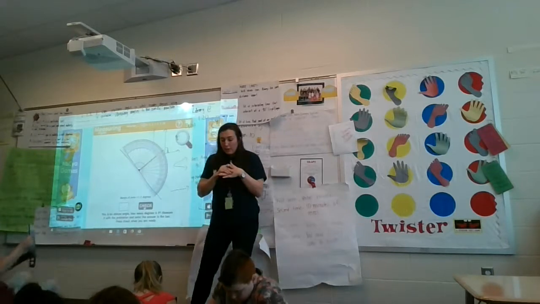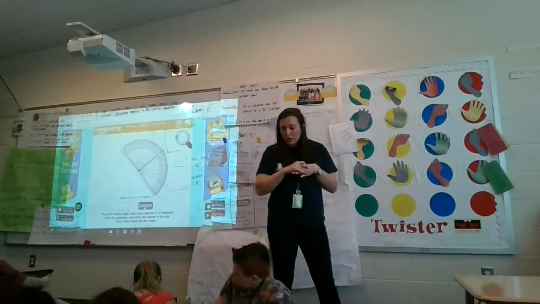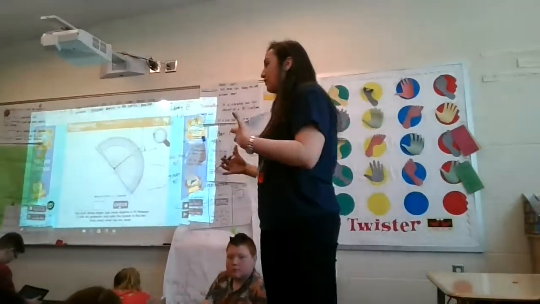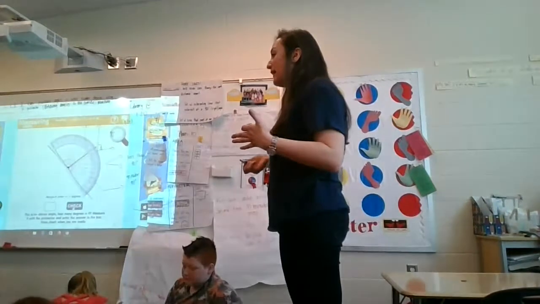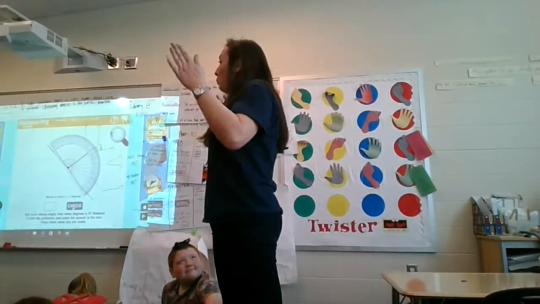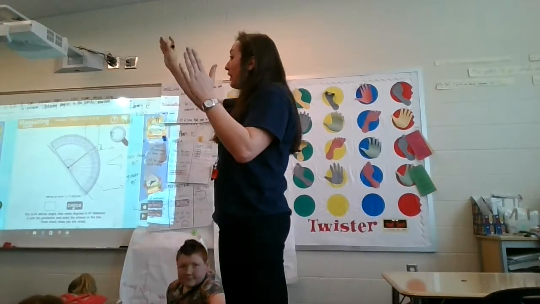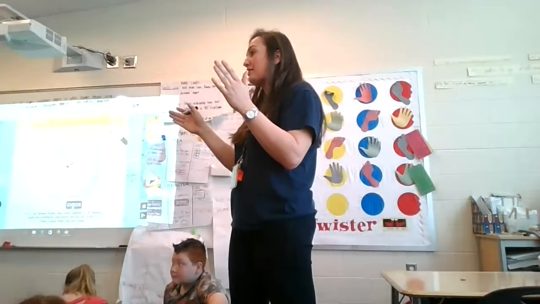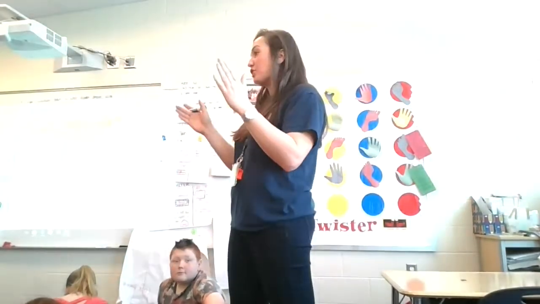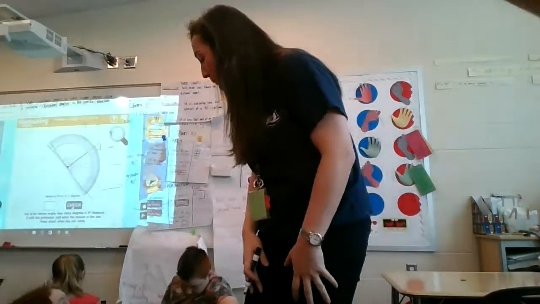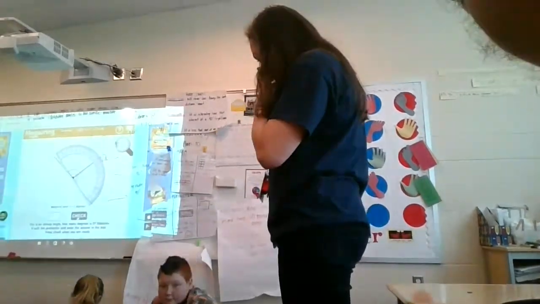So you should be using your math language, talking about right angles, acute angles, straight angles, obtuse angles, what they are looking like, and what your angle looks like and where your ray crosses the protractor. That is where you measure. Make sure you're lining up your protractors as well. Okay.